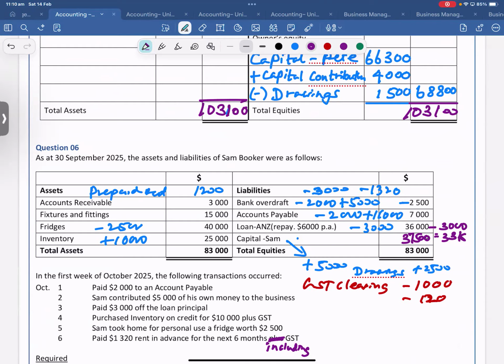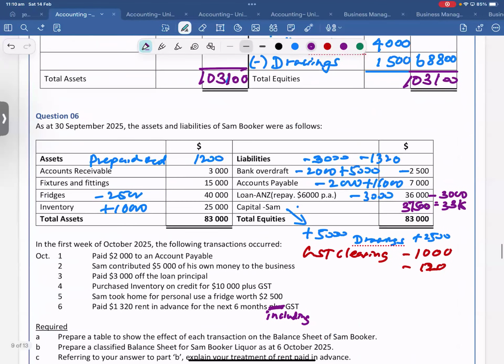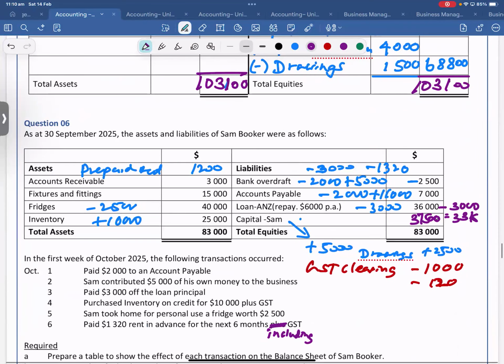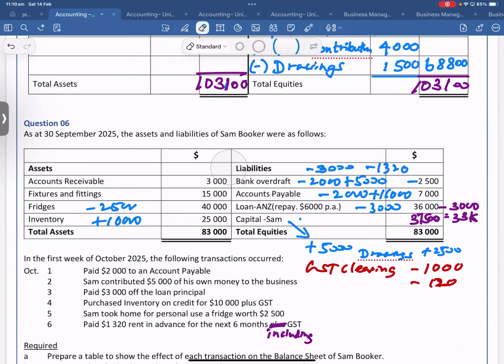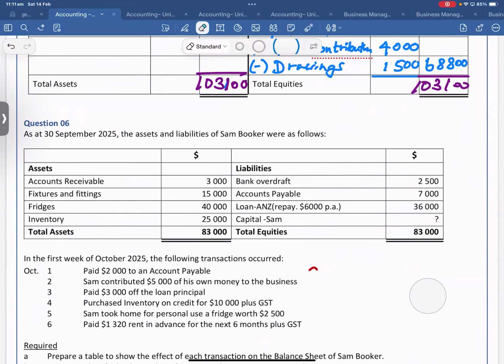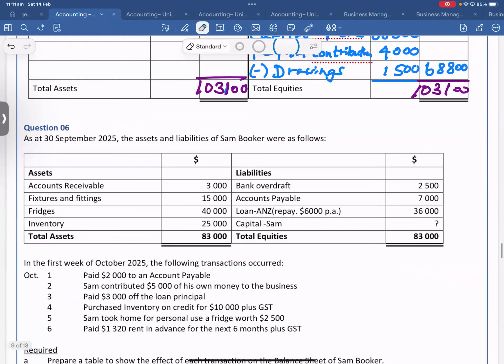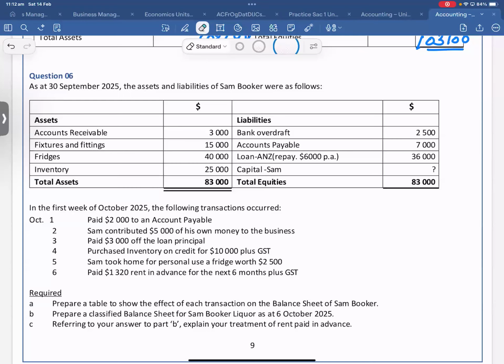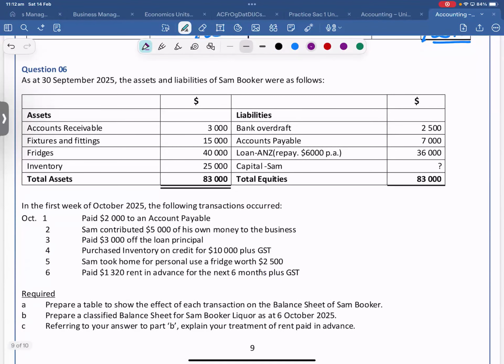I will explain it to you. Right? Now, please cross this plus GST.